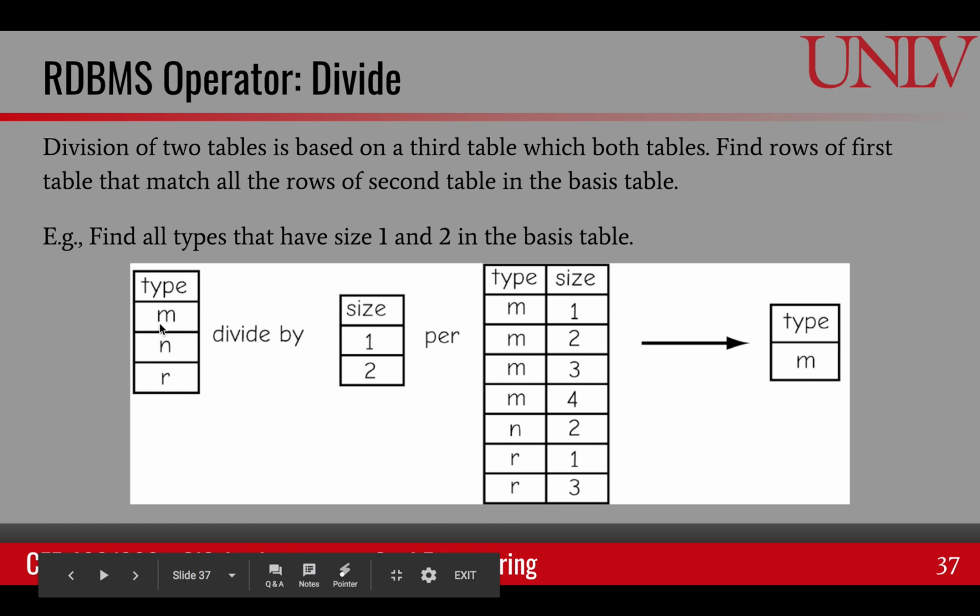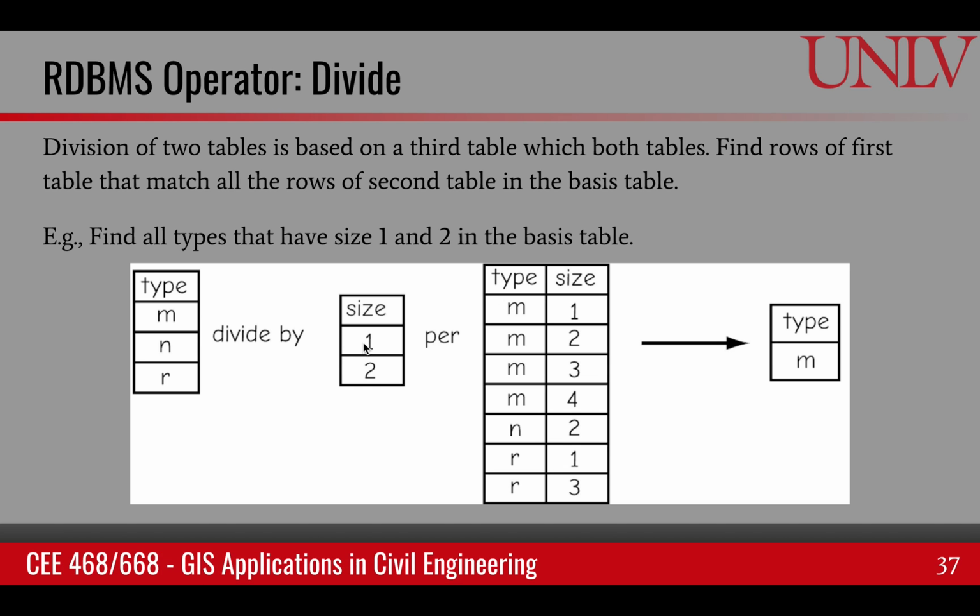So if we divide this table of type with size based on this table, we look at M in this table and see, are there M entries with both 1 and 2? So M has 1, M2 exists. That means this is one of the outputs. N and 1, 2.